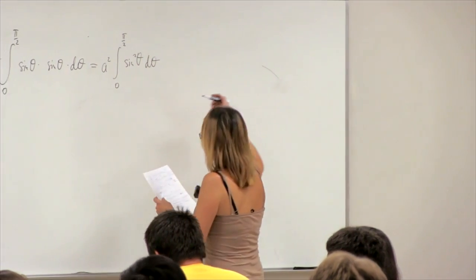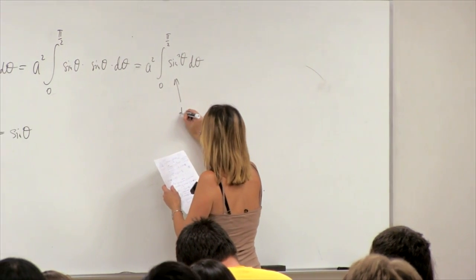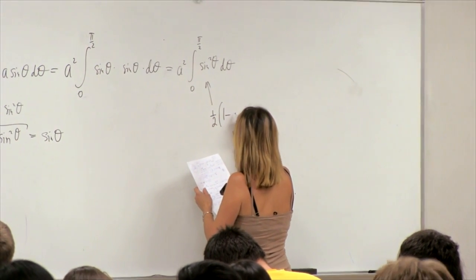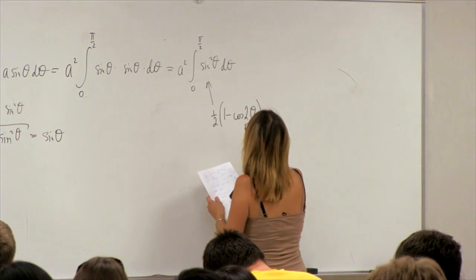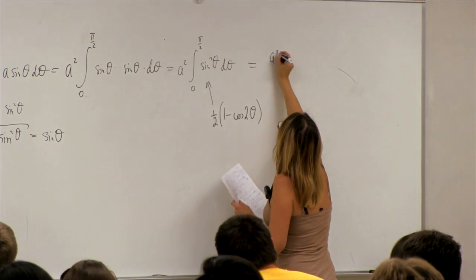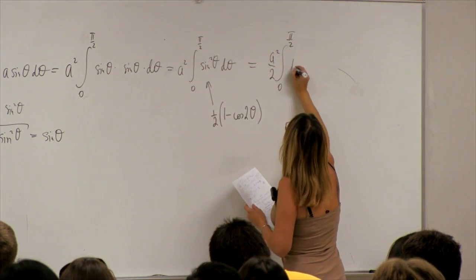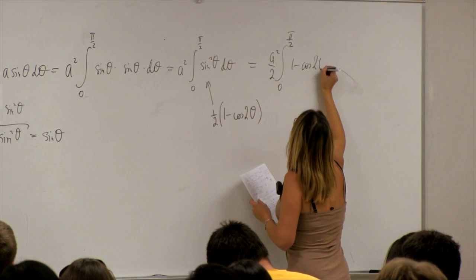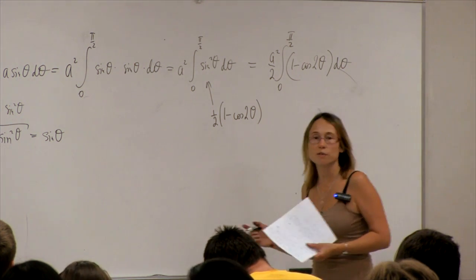We can rewrite sine squared theta as 1/2 (1 minus cos 2 theta). Okay. So I have a squared over 2, and the integral from 0 to pi over 2 of 1 minus cos 2 theta d theta. And this integral I can definitely evaluate.